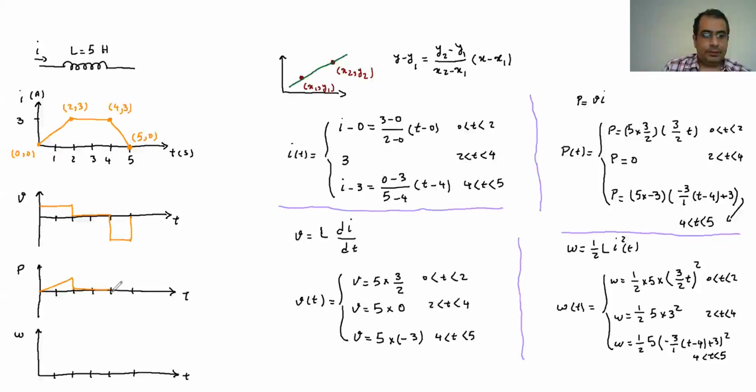And then you're going to have the negative power like that. And for the energy again, it's going to look like this. So it's going up like that. It stays constant to the 4 second, and it drops from there to 0.